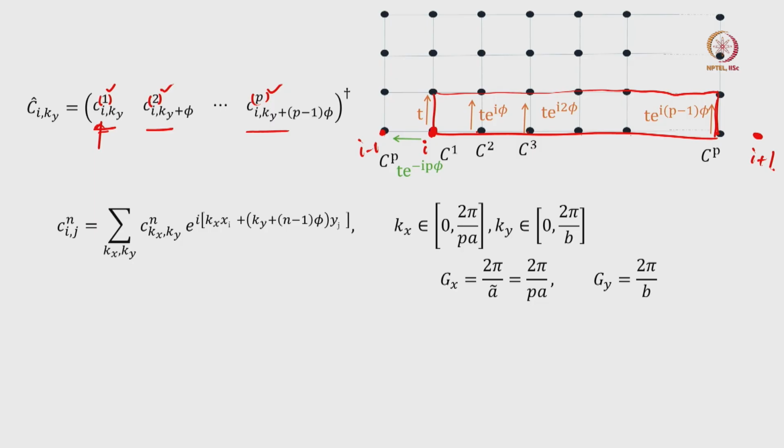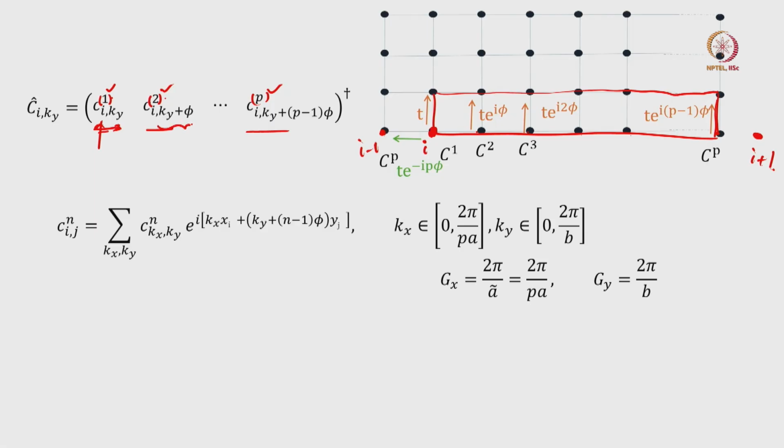This I now corresponds to the magnetic unit cell index, and each unit cell will have 1 to p electrons. Along the ky direction we have not done anything, so the periodic boundary condition remains intact. Along the y direction we will keep using ky. Only along the x direction we have to expand the Hilbert space.